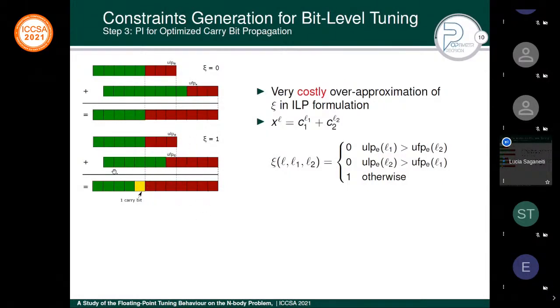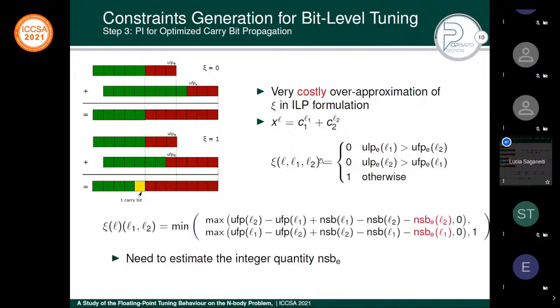Otherwise, as you can see here, if the two errors overlap, in this case, we see that we can add a carry bit in this example. So this test is equivalent mathematically to this new formula of the carry bit function. And as you can see here, we have a constraint with min-max operators, and then the problem does not remain linear any longer.